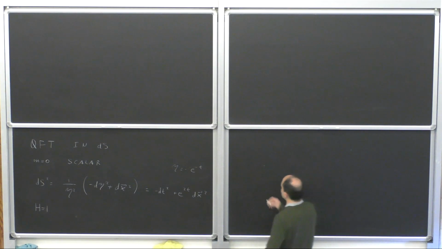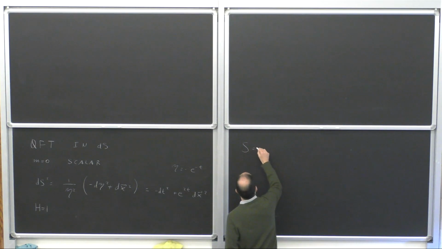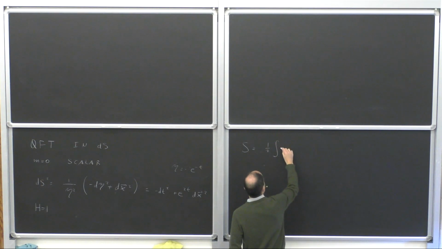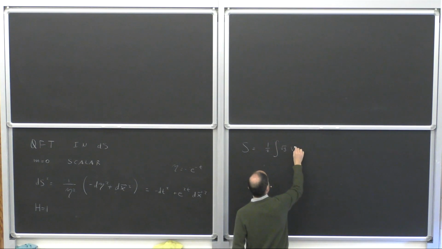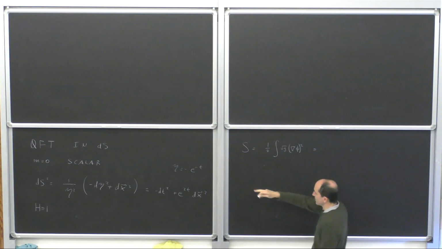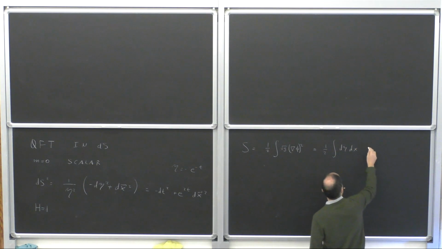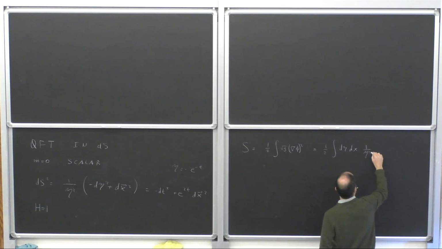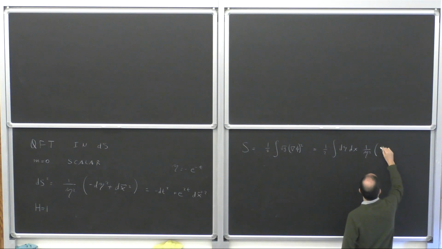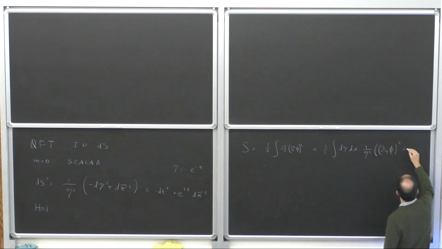And what's the Lagrangian that we're going to consider? So we're going to consider the scalar field Lagrangian in this curved space, gradient phi squared. When we use those coordinates, we get d eta d^3x, 1 over eta squared, (d eta phi) squared minus (d x phi) squared.